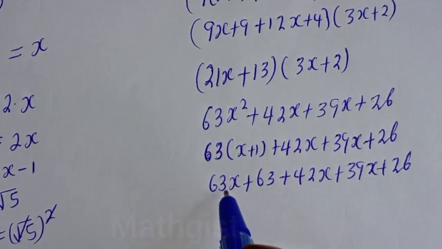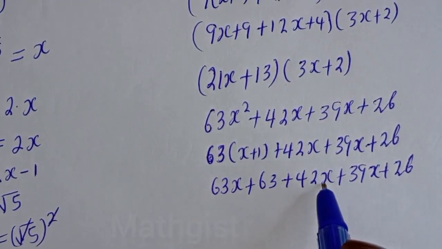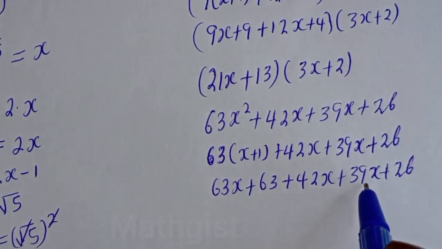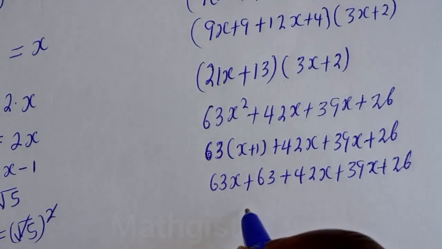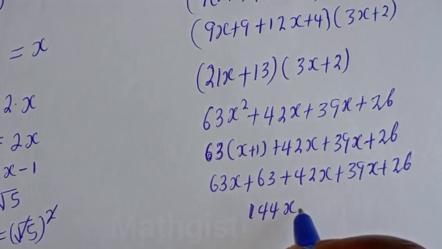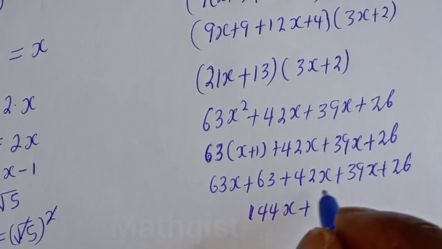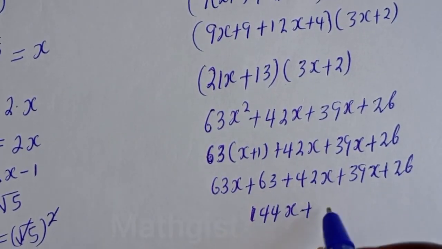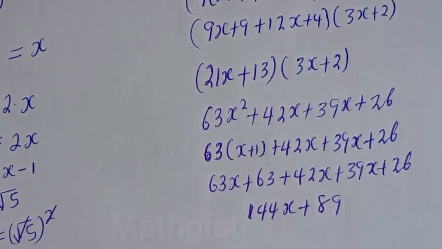Let's see, 63x plus 42x plus 39x. So this is 144x plus 63 plus 26, that is 89.